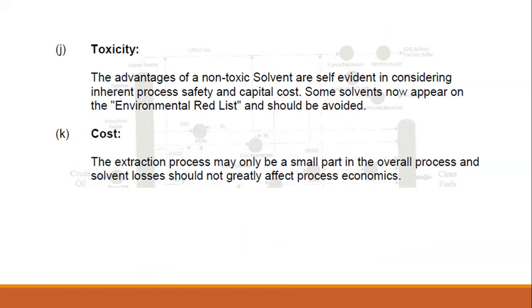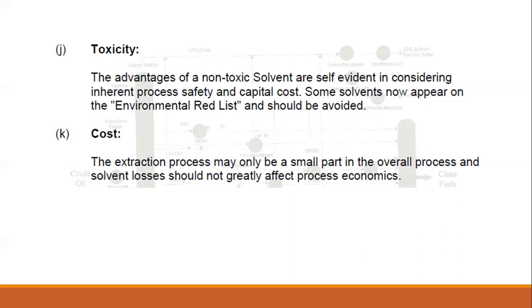And after global warming and all these things, there are some compounds, solvents, which are in the environmental red list and should not be used and should be avoided, because the extraction process may only be a small part in the overall process, and solvent losses should not greatly affect process economics.